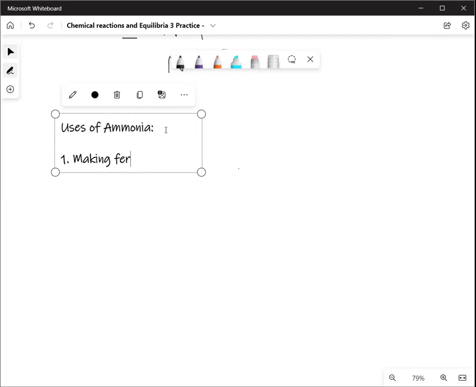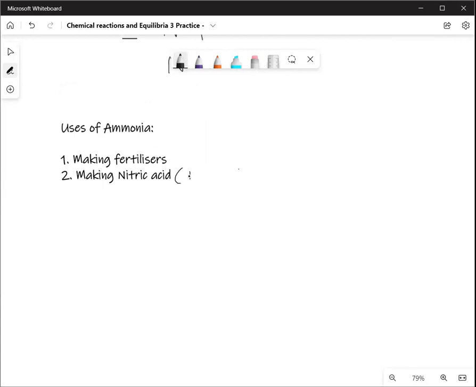Okay. Second one is making nitric acid. What is the formula for nitric acid? HNO3 aqueous. That is nitric acid. Done.